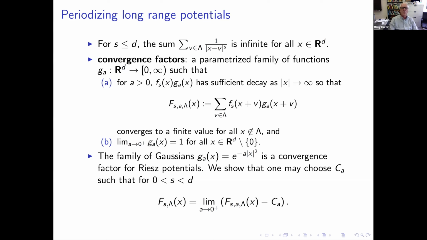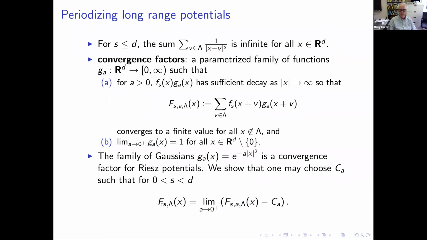Now, I think I removed this from the next slide. In fact, when you choose C sub A somewhat carefully, then this limit turns out to be the analytic continuation from S bigger than D of the zeta function to all S not equal to D in the complex plane, where this function will have a pole.